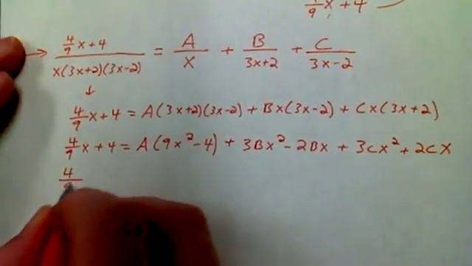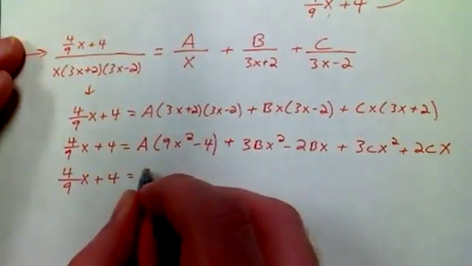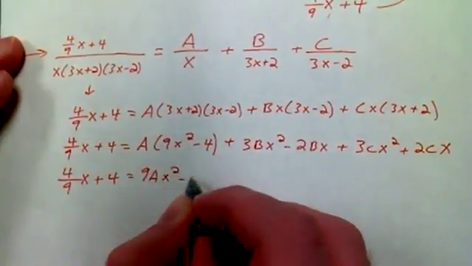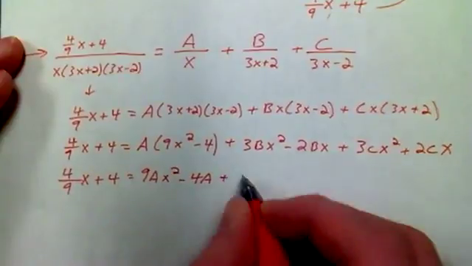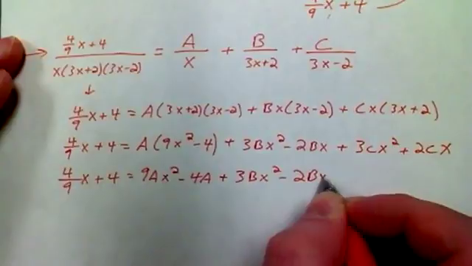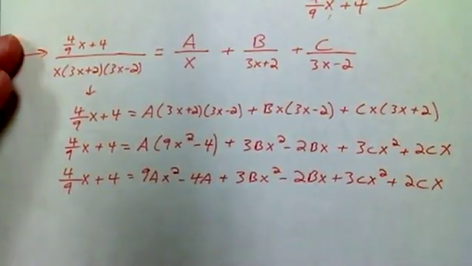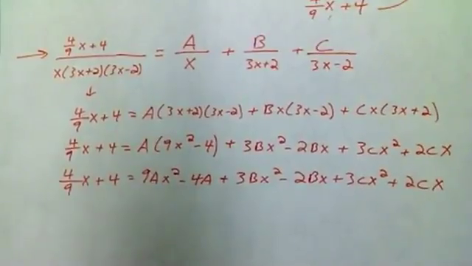Continuing on, I have 9Ax squared minus 4A plus 3Bx squared minus 2Bx plus 3Cx squared plus 2Cx. I have a pretty large number of terms right here.